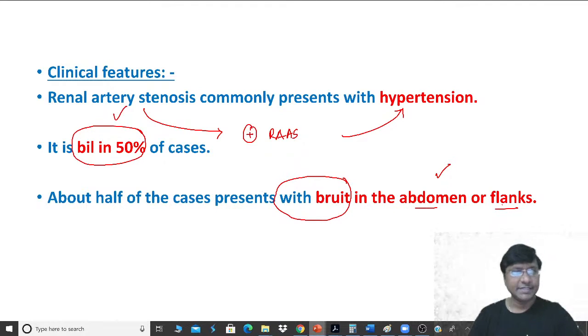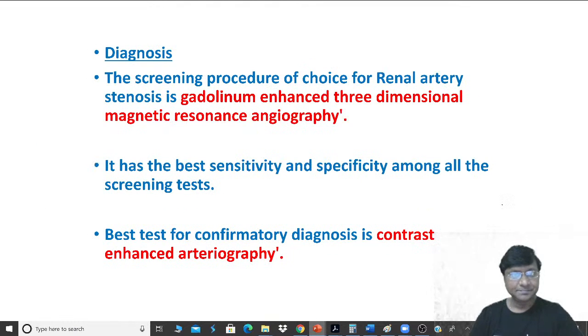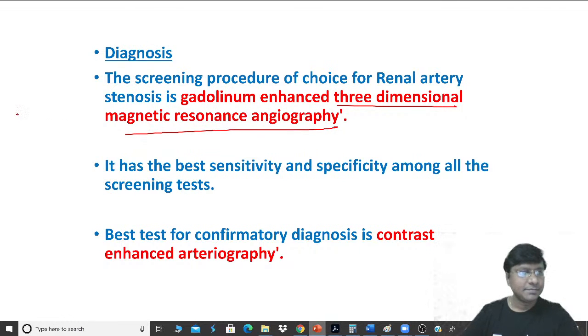Now you should know the screening test and the investigation of choice for renal artery stenosis. The screening procedure is gadolinium enhanced three-dimensional MR angiography.